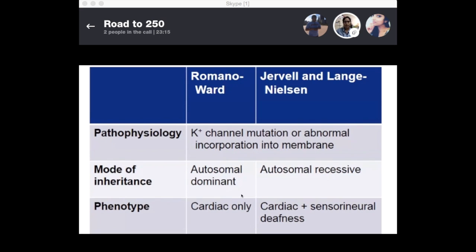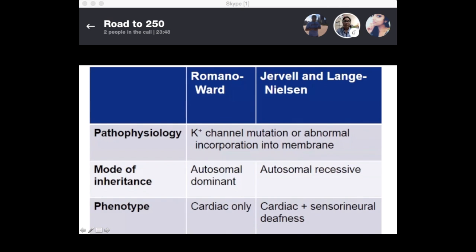In terms of the congenital abnormalities, it can be caused by genetics. Genetically, the potassium channel is mutated or has abnormal incorporation into the membrane. And this can be broken down into two sub-syndromes, Romano-Ward syndrome or Jervell and Lange-Nielsen syndrome.